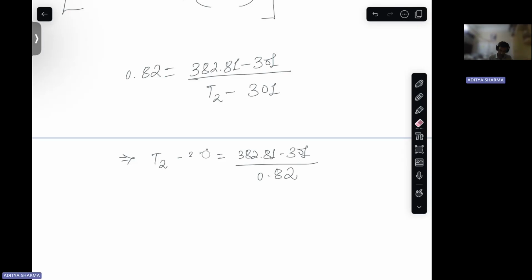Now this can also be written as T2 is equal to that quantity plus 301. I hope there is no doubt in it, no problem in it.